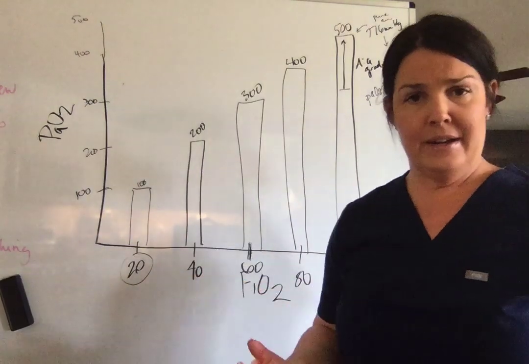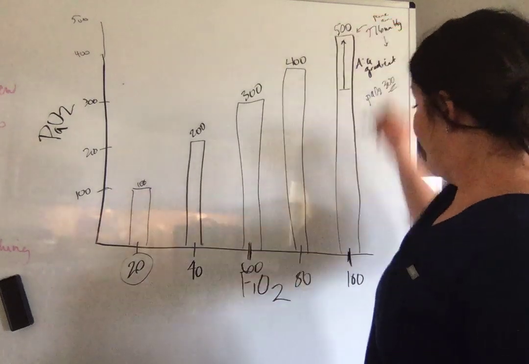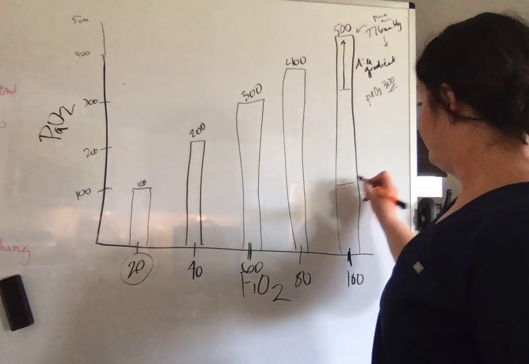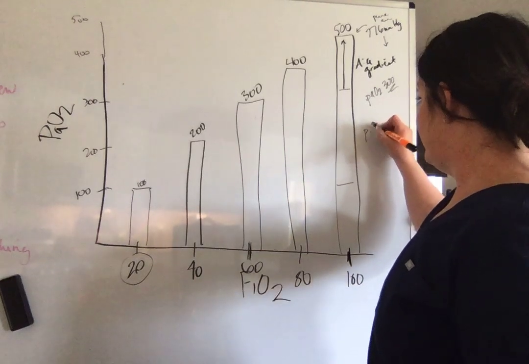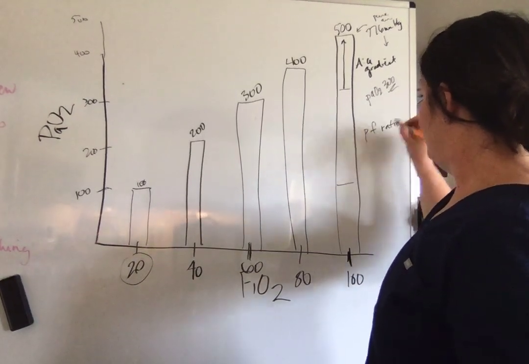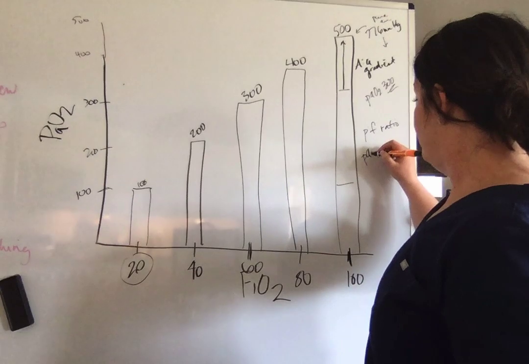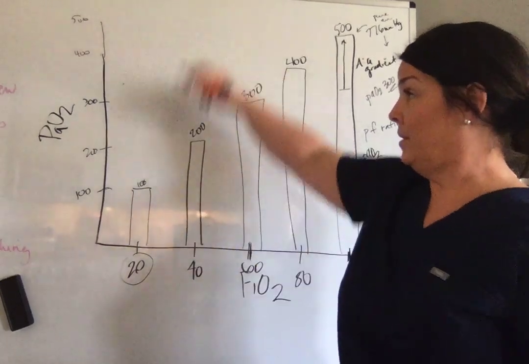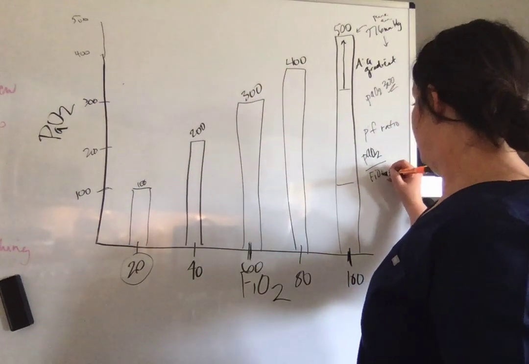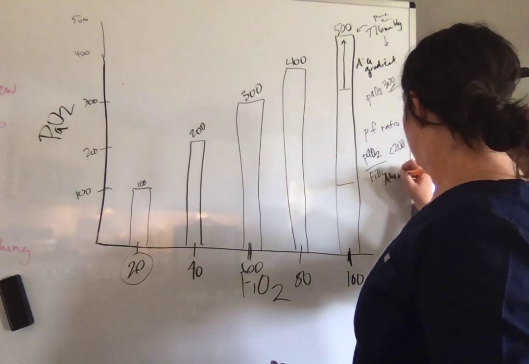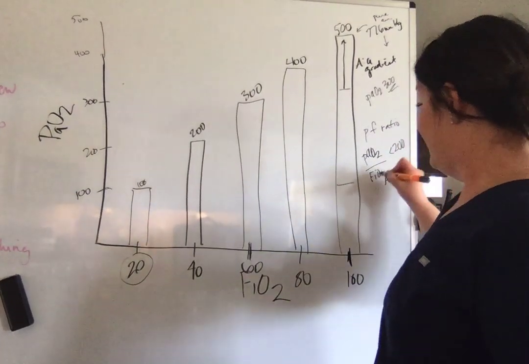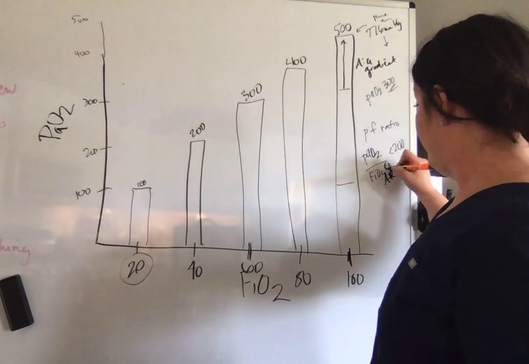So now where does ARDS fall into this? If you have a patient on 100% oxygen, we're going to talk about the P to F ratio. Basically that means the PaO2 to the FiO2, and if it's less than 200, that's ARDS. If you're using 100% oxygen, the bottom number is 1.